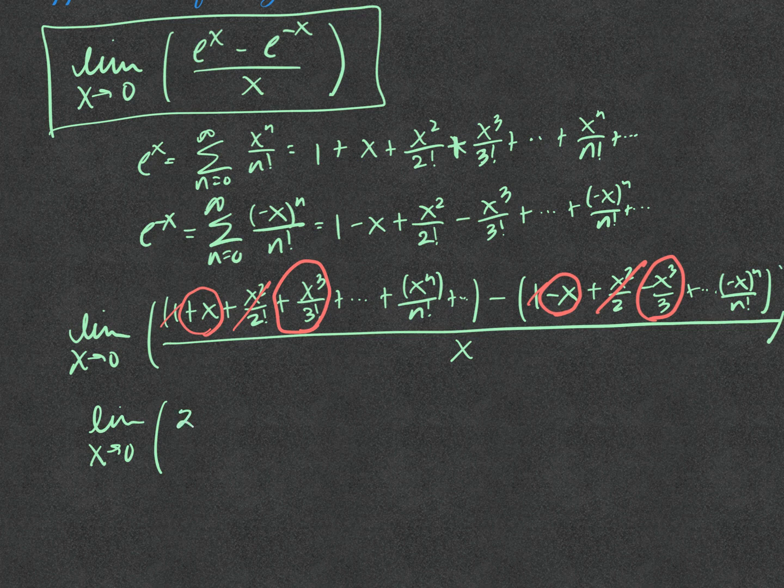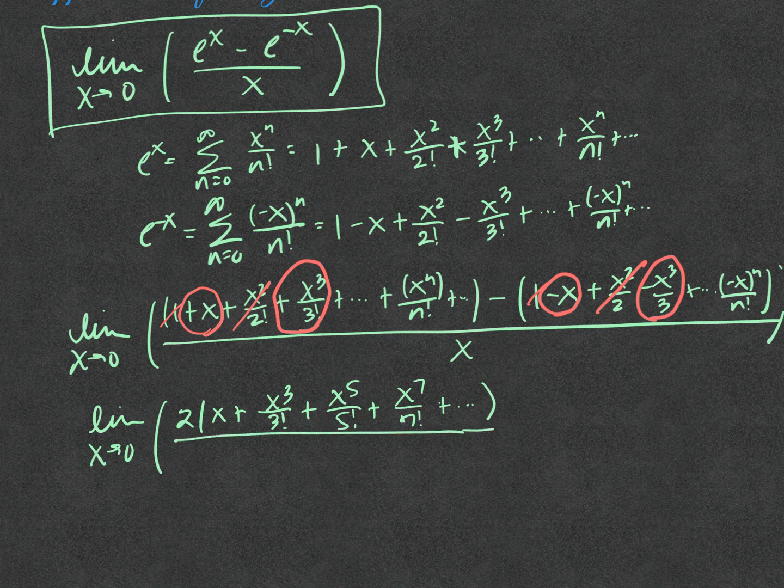I'm going to have 2 times x plus x to the third over 3 factorial, plus x to the 5 over 5 factorial, plus x to the 7 over 7 factorial, plus dot dot dot. We know that we will have x to the n over n factorial if n is an odd number, all over x.